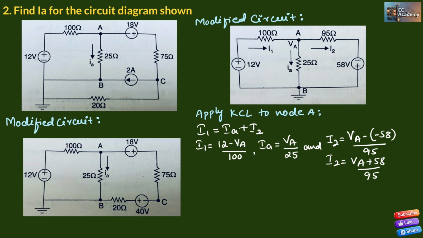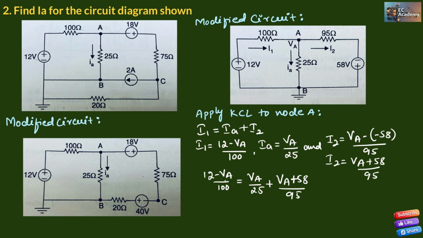Now, if we substitute these values in this equation, we'll get 12 minus VA divided by 100 will be equal to VA divided by 25 plus VA plus 58 divided by 95. Now, let us rearrange the VA terms.